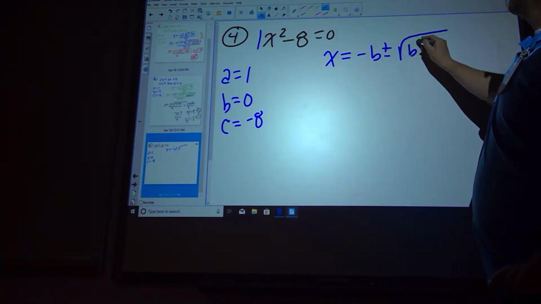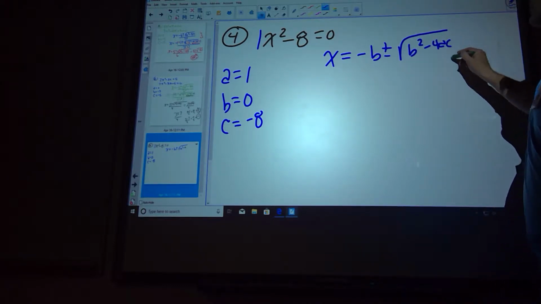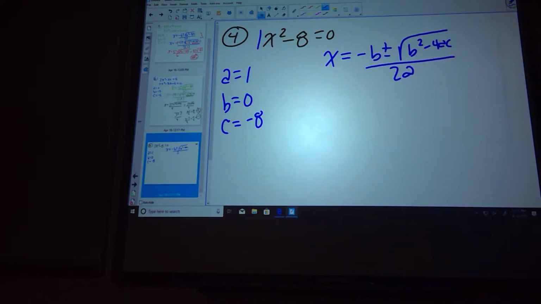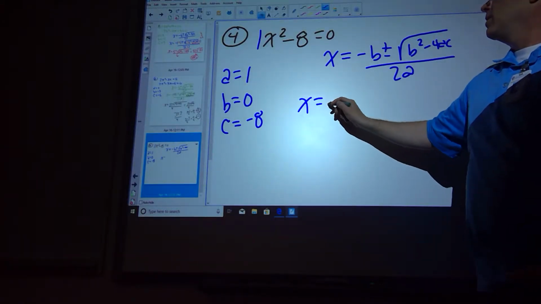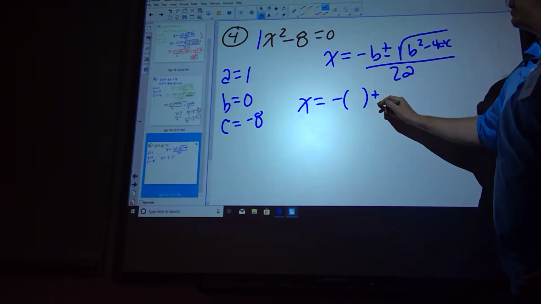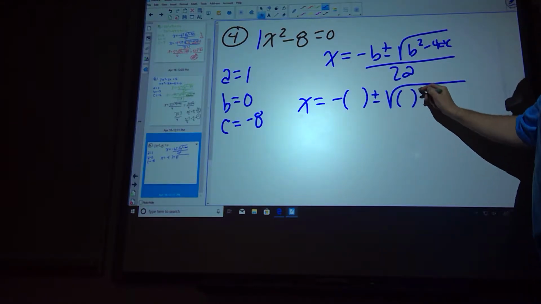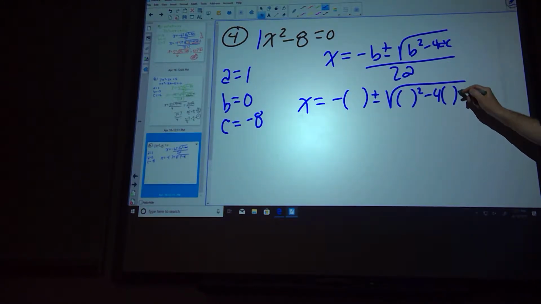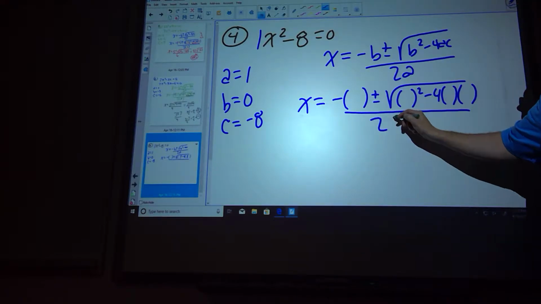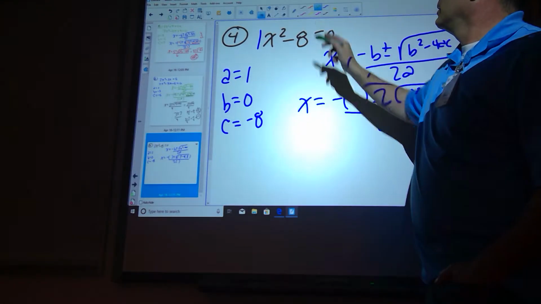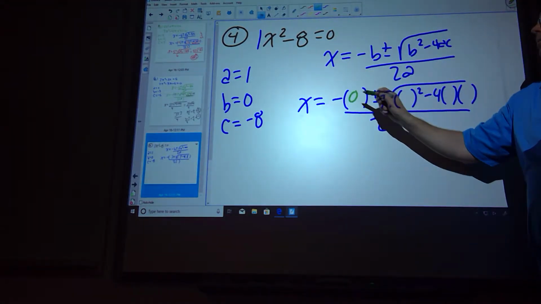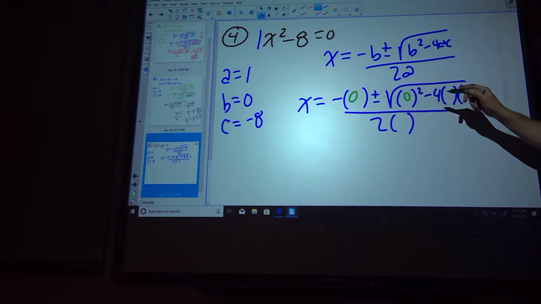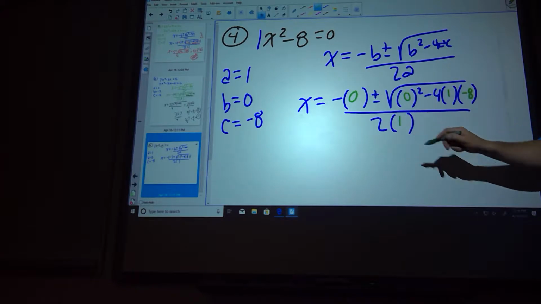Okay, so I'm going to put my little parentheses. Negative B plus or minus the square root of B squared minus 4 times A times C, all over 2A.